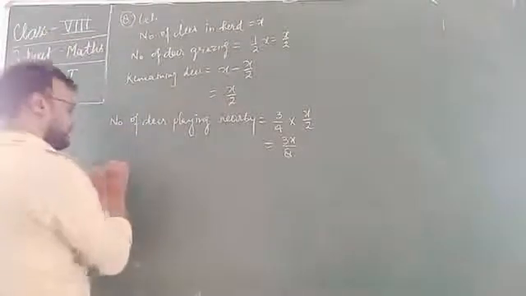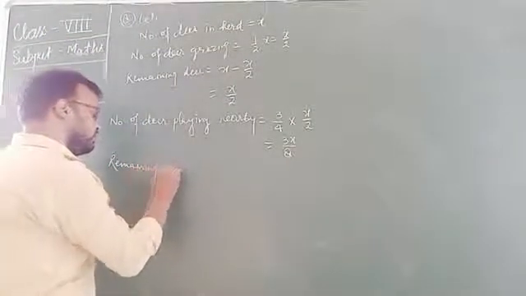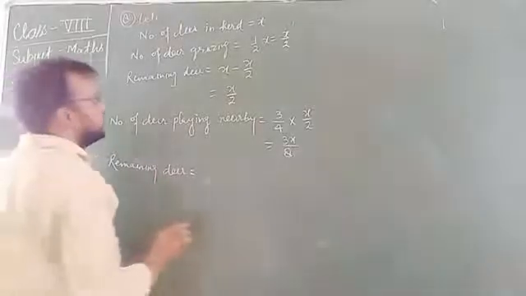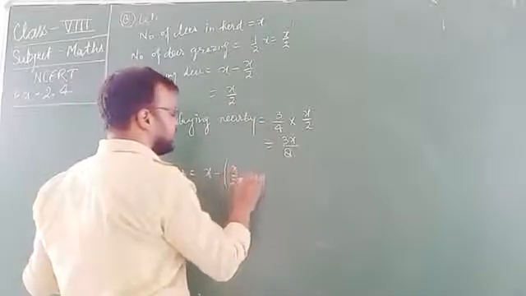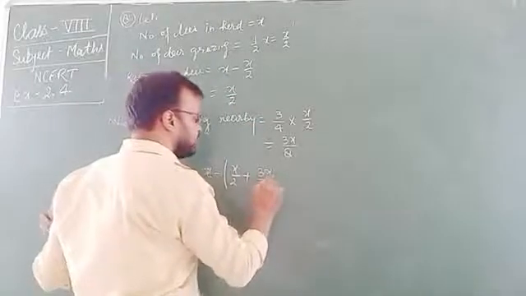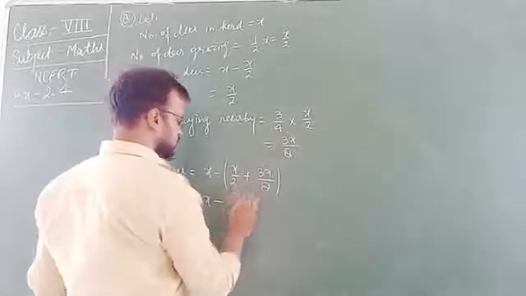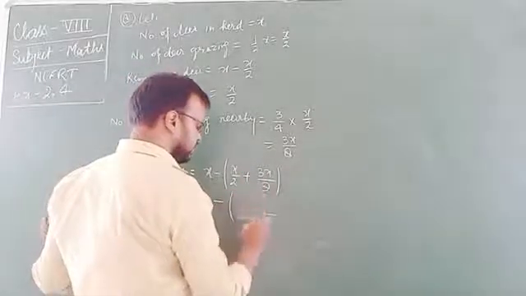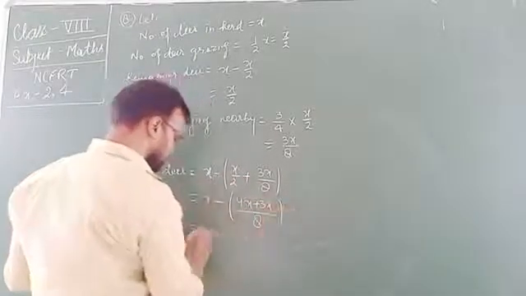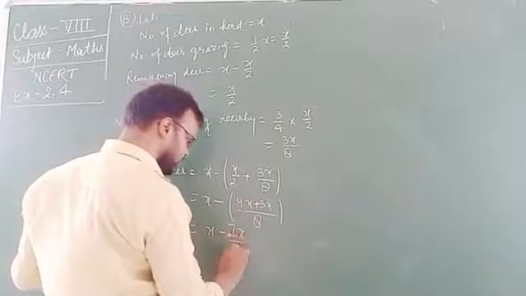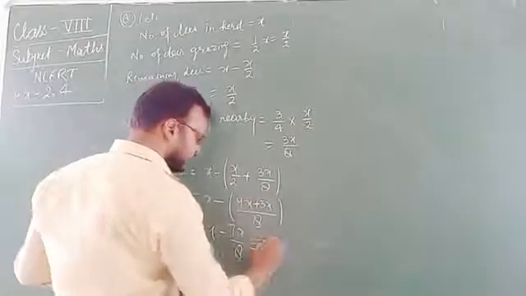The remaining deer: the total number of deer is x, and x by 2 are grazing and 3x by 8 are playing. So x minus, when we solve this, x by 2 plus 3x by 8 is 4x plus 3x over 8, which is 7x by 8. Now x minus 7x by 8 is equal to x by 8.